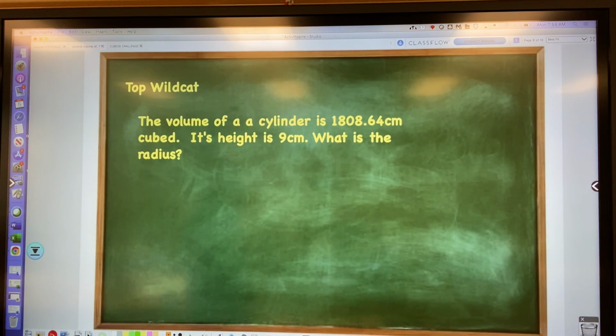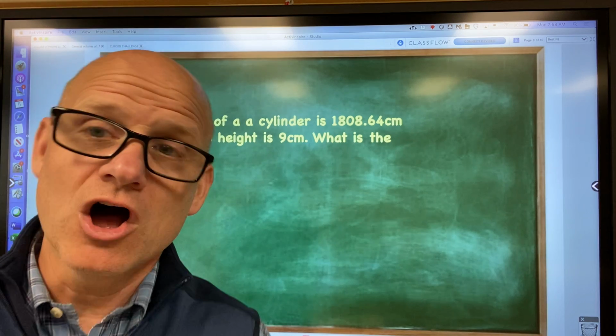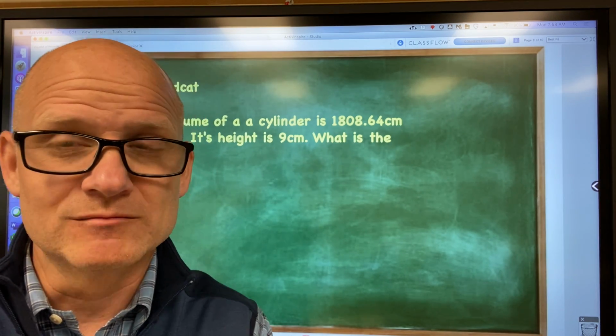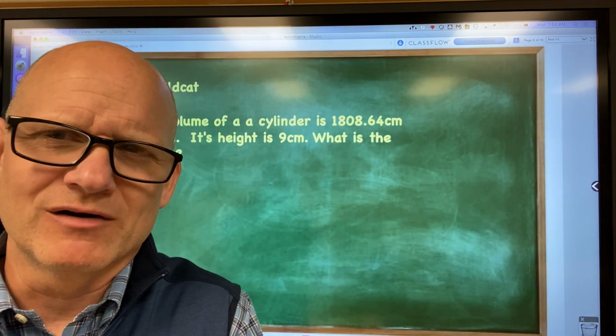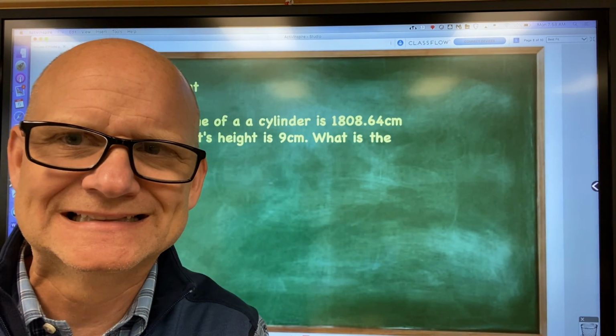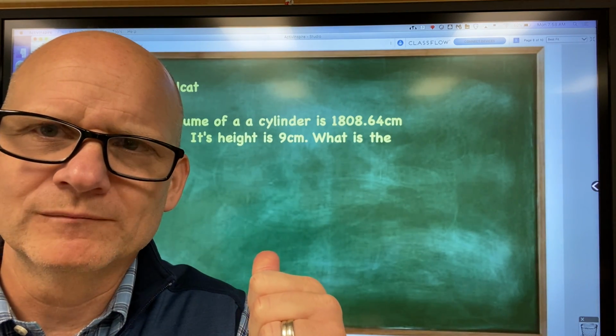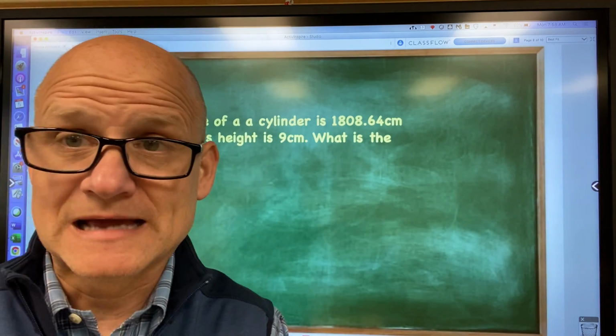Its height is 9. What is its radius? This is an interesting question because we didn't even talk about how to find the volume of a cylinder, but I did talk to you about how to find the volume of any shape. You just find the area of its base times its height. So I think you can do this problem. So that's the top wildcat.